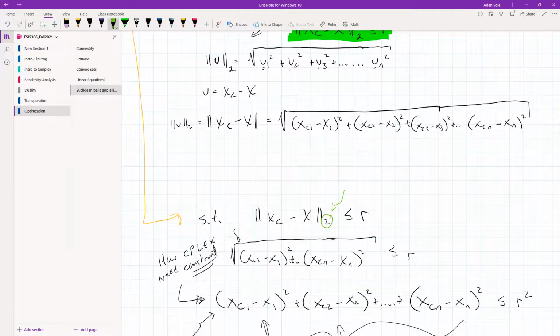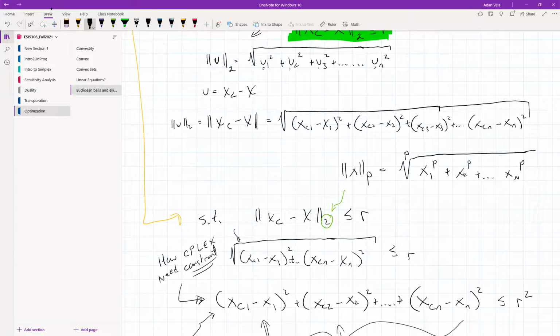If you don't remember, generally the p norm of x is equal to the pth root of x1 to the p power plus x2 to the p power, all the way to xn to the p power, right? In this case, we say p equals 2, and that's how we end up with square roots and squares.